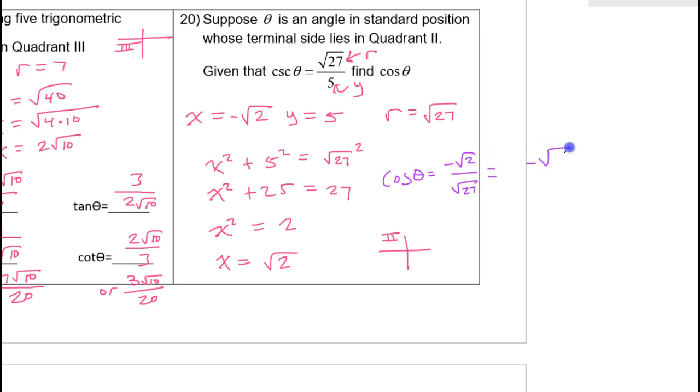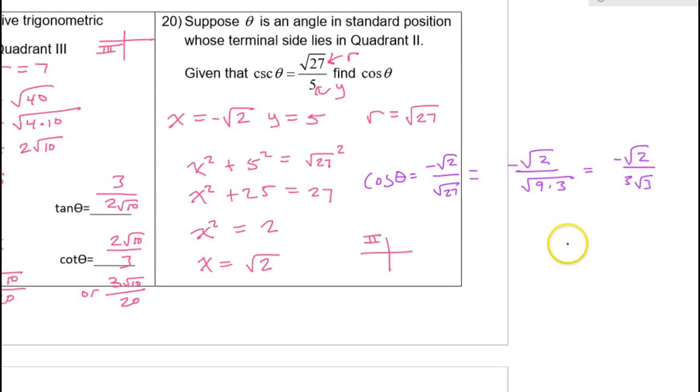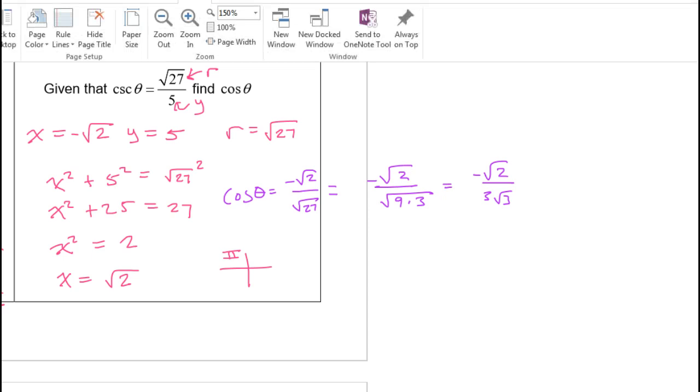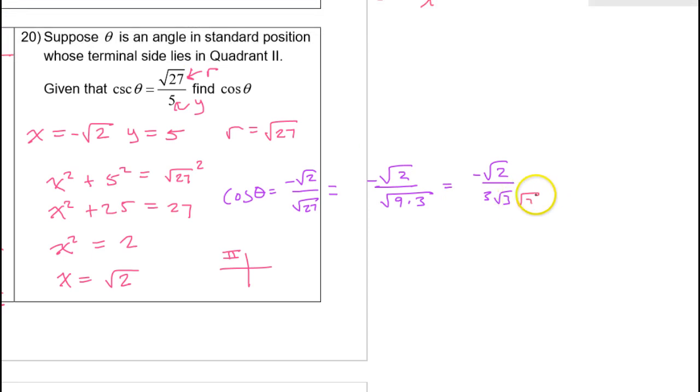So I have negative radical 2. First of all, radical 27 can be simplified. Alright, radical 27 is radical 9 times 3. So that's going to be negative radical 2 over 3 radical 3. So when I rationalize the denominator, this is what I'm really going to be rationalizing. Okay, so I'm going to multiply by radical 3 in the top and the bottom.